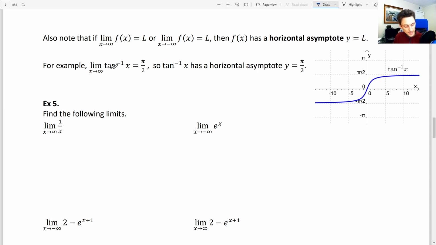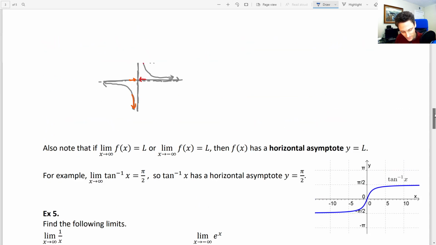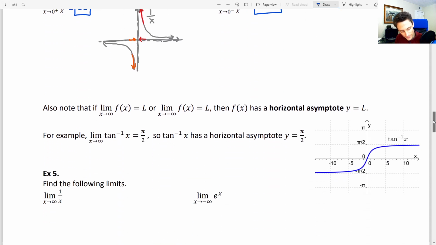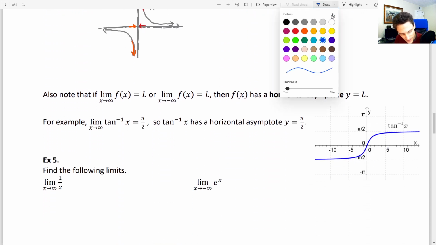So an example that's shown off to the right is the limit as x approaches infinity of inverse tangent of x. And remember, the graph of inverse tangent looks like the graph of tangent, but it's rotated about the y equals x line. It's flipped about the y equals x line. So those vertical asymptotes at negative pi over 2 and pi over 2 that we just saw a moment ago, let me scroll up, become horizontal asymptotes.